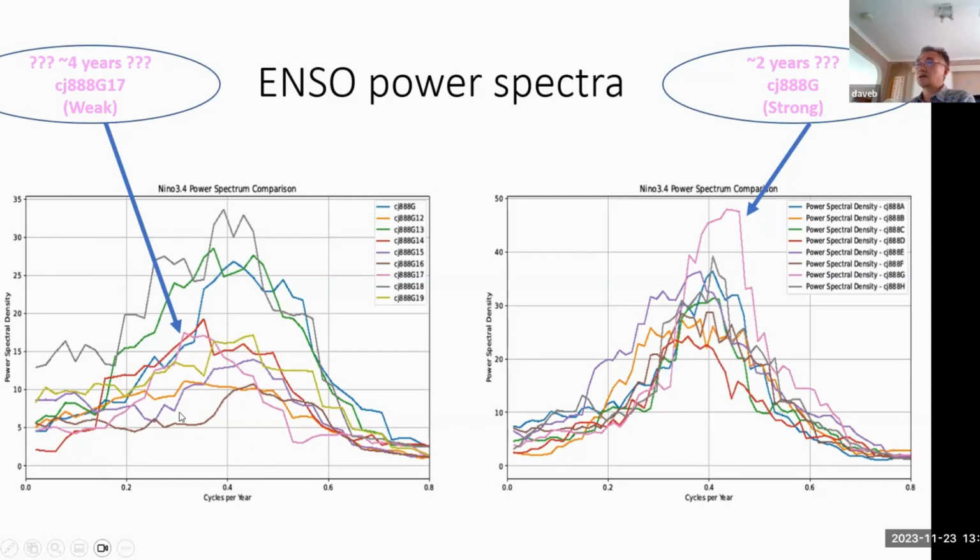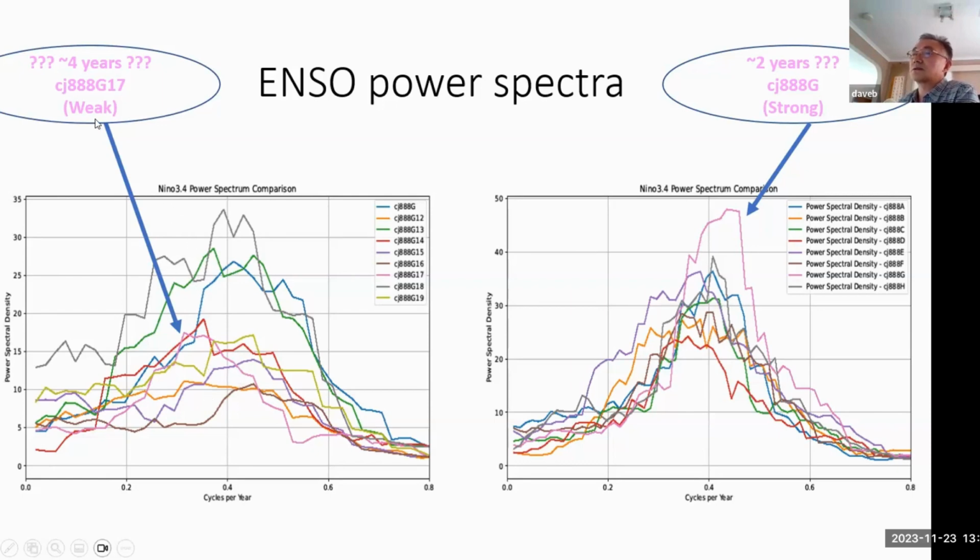Now if you check G17 here, it gave us more than 3 years. That's from 2 years to over 3 years, which is a big improvement. If you check the other cases, from G12 to G19, they don't give any; some improve a little bit, but most of them are not really good in terms of the simulation.